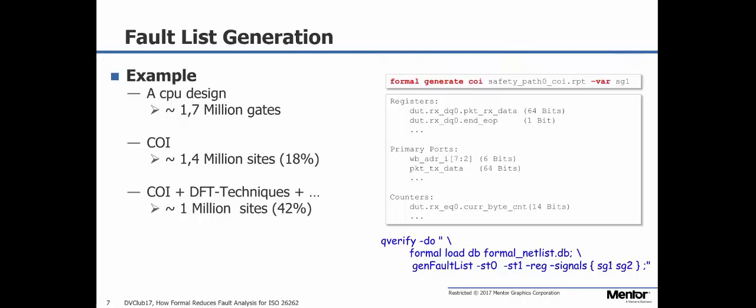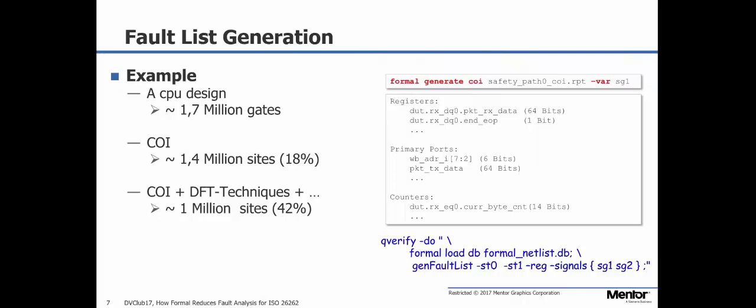You have another utility also to ask for the fault cone of influence of the CVT mechanism or a set of signals.